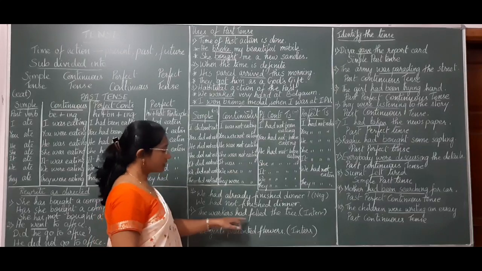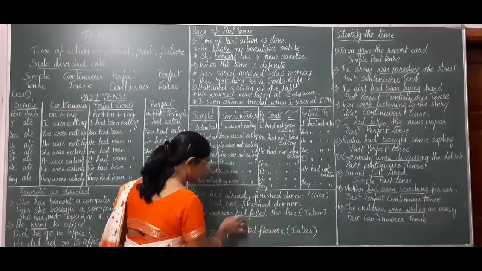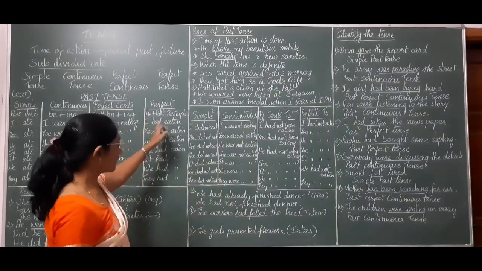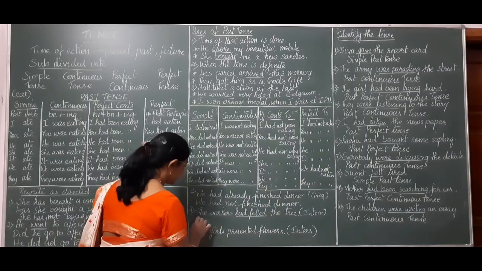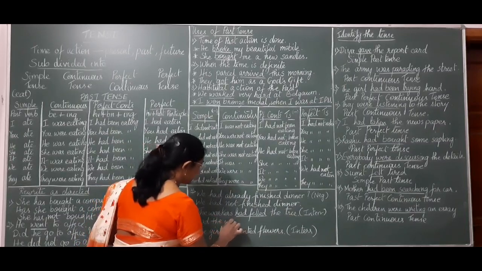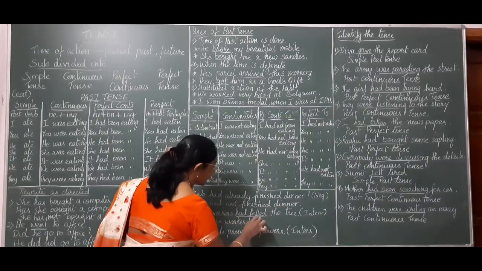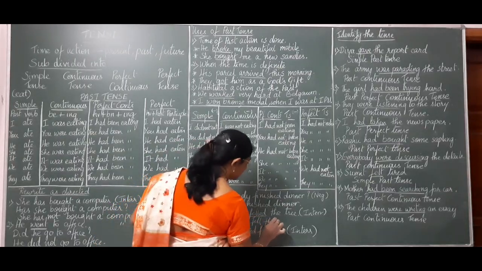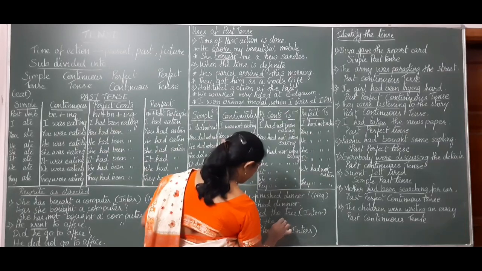Next, the workers had felled the tree. Had felled is in the past perfect tense. Into interrogatives. Had the workers felled the tree?